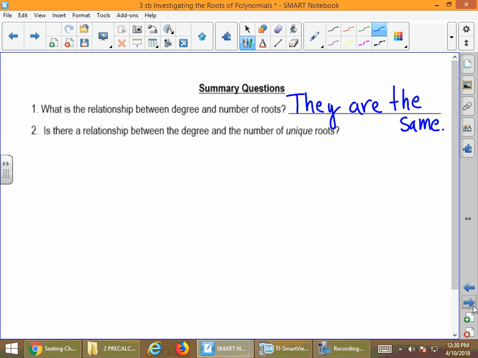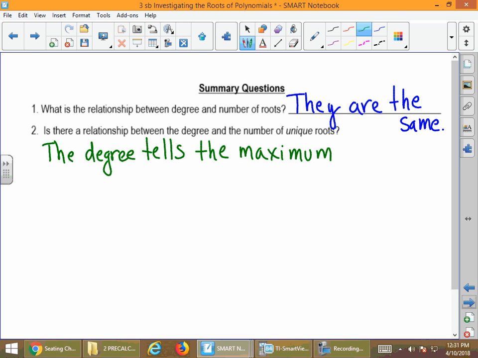And the thing about degree is it just tells us how many roots we're going to have. That's all that the degree tells us. The degree tells the maximum number of roots.